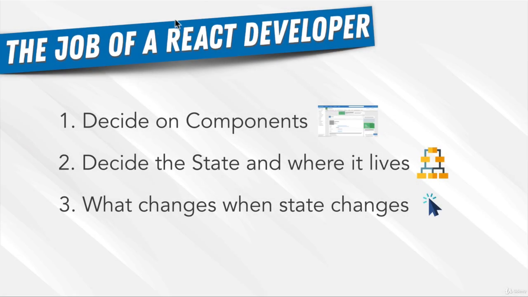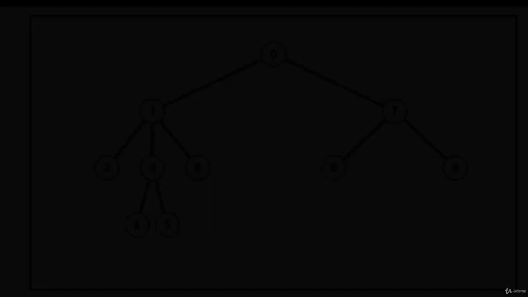Now, again, remember the keys to being a great React developer? The second point was to decide the state and where it lives. Up until now, we've only had state in our App component. But as we move further along in the course, you'll notice that we can put state wherever we want. So before we even get to that, let's think about this.